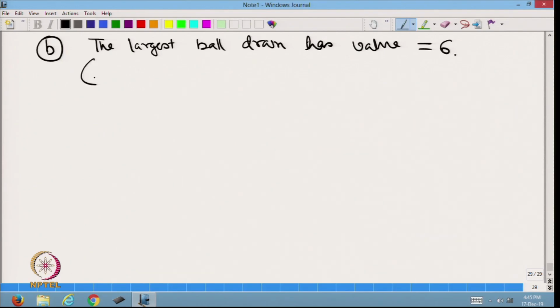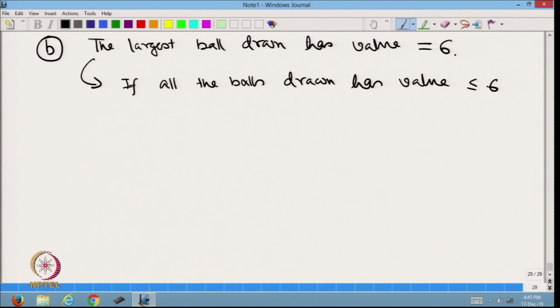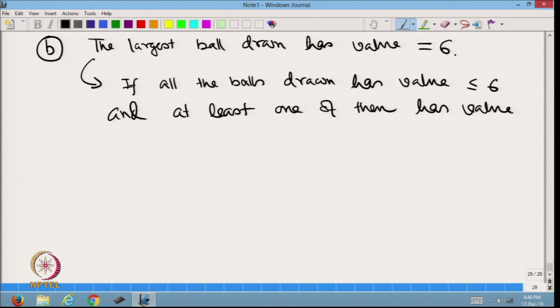Therefore, this event can happen if all the balls drawn have value less than equal to 6 and at least one of them has value equal to 6.